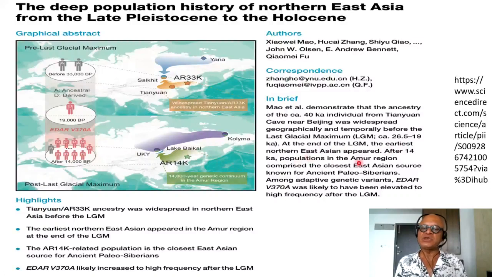At the end of the last glacial maximum, the earliest northern East Asian appeared, and the 14 kiloyear population in the Amur region comprised the closest East Asian source known for ancient Paleo-Siberians. Among adaptive genetic variants, these are the various ones likely to have been elevated to high frequency after LGM. So here it is, the EDAR V370A genetic component.